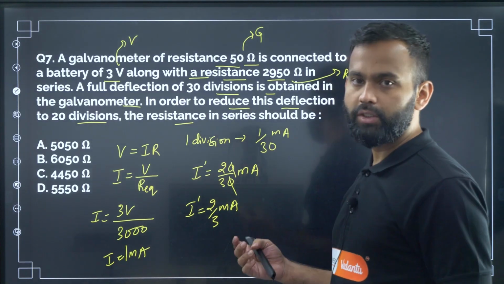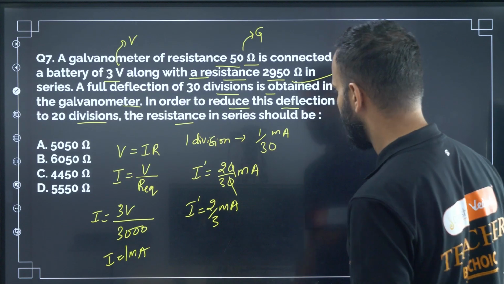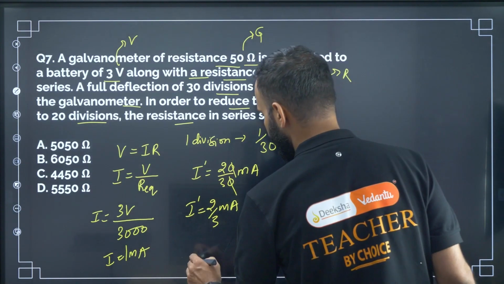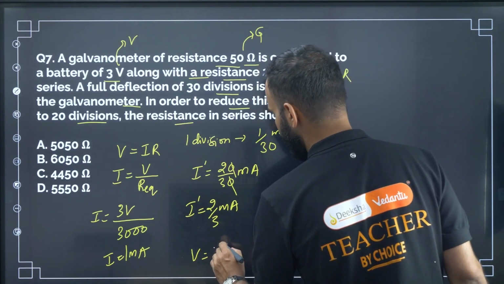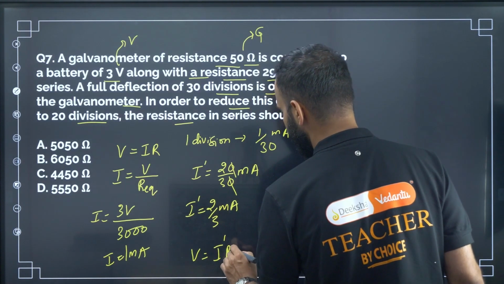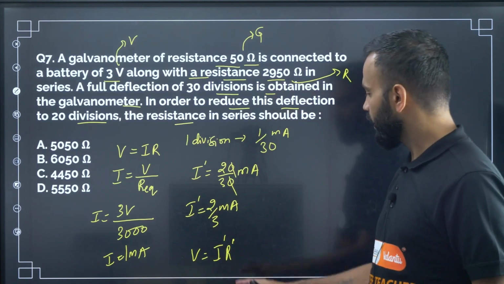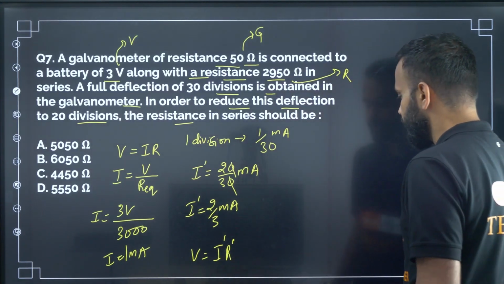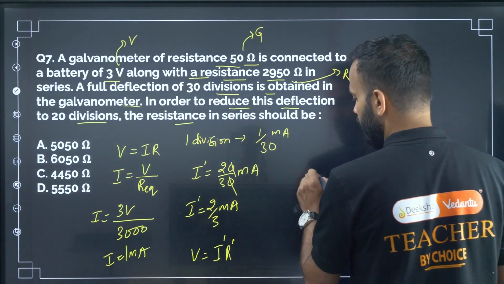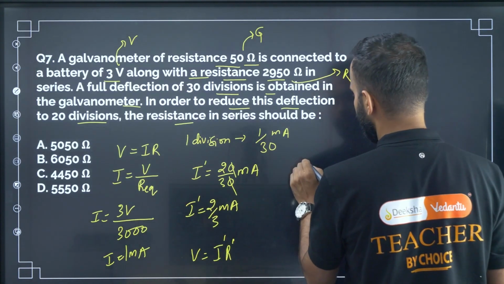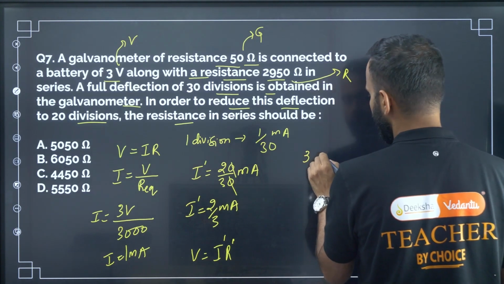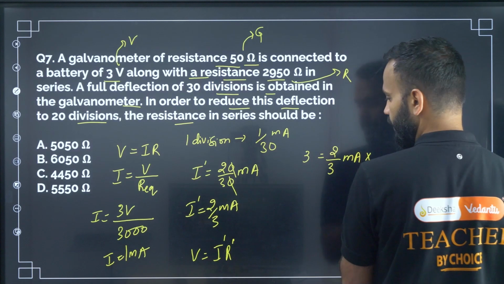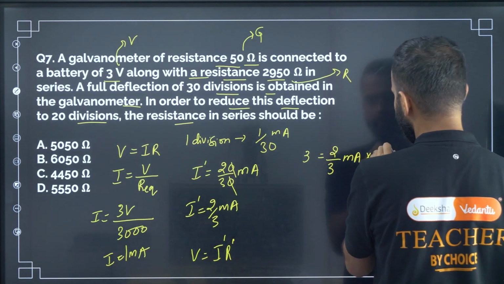So for that, how much resistance do we need to add in series? Now again apply Ohm's law. Here V equal to I dash into R dash, where R dash is the effective resistance. V is 3 volt, so 3 volt equal to I dash, 2 by 3 milliampere, into R dash.